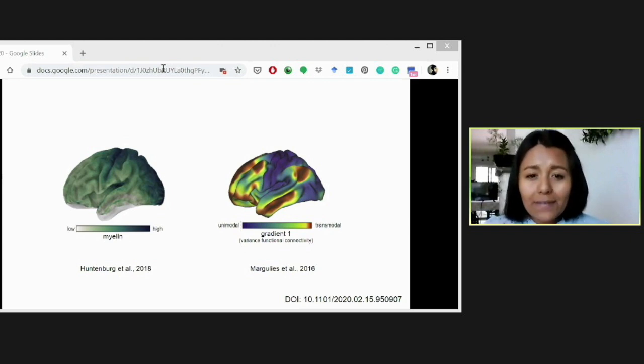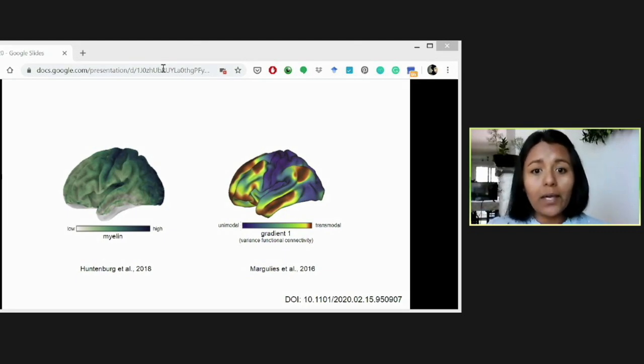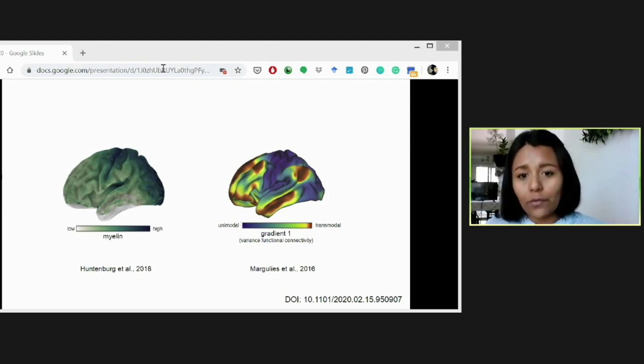We can derive these same patterns from connectivity data when we explore the similarity between regions according to their connections to the rest of the cortex. So, using a decomposition of the functional connectivity data, we can organize the brain areas into a spectrum that hierarchizes the brain from unimodal to transmodal regions.